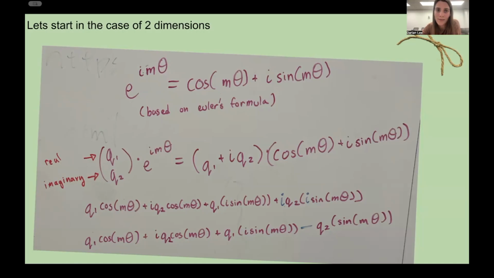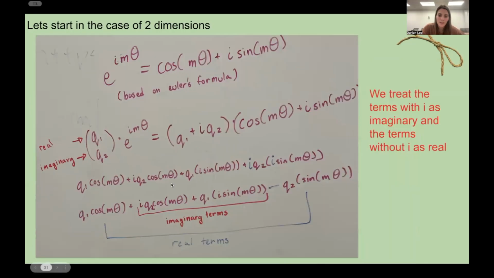Because we started with a two-dimensional vector, so we know the product should be a two-dimensional vector. You might notice that we can break these terms into two parts. We have these two terms which are factors of i, or imaginary terms. Then we have two terms that do not include i.